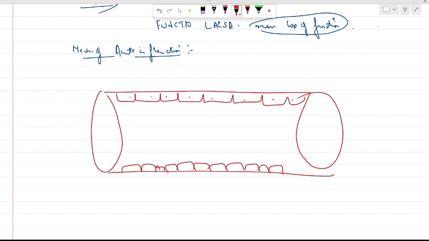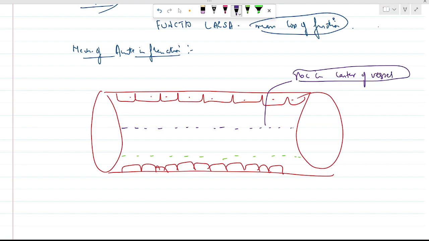Now here, there is the central region and this is the peripheral region. In the central region, there is RBC in the center of the vessel.